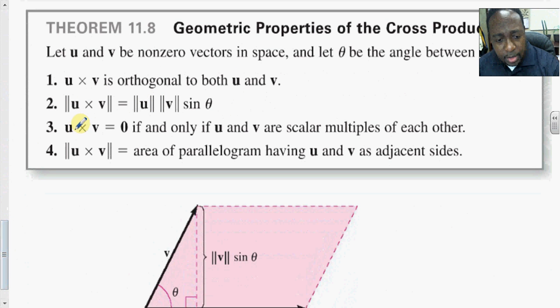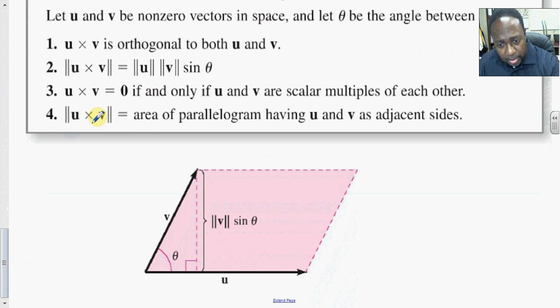And the cross product of u and v is 0 if and only if u and v are scalar multiples of each other. If they are scalar multiples of each other, that means they are parallel. They exist within the same parallel plane. And like I've stated, the area of the parallelogram having u and v as adjacent sides is the norm of the cross product of u and v.